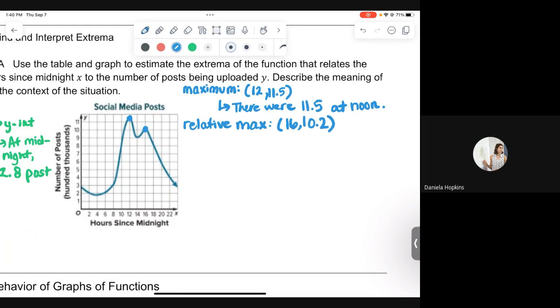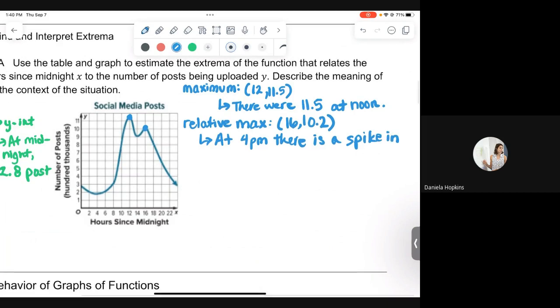First of all, 16 hours after midnight, what time is that? Yeah, it's 4 p.m. If you're good with military time, I'm terrible with military time, but there it is. So at 4 p.m., let's say there is a spike in posts.